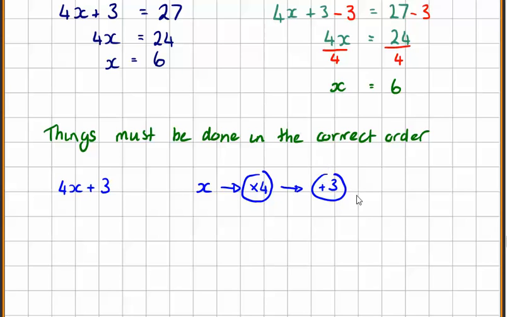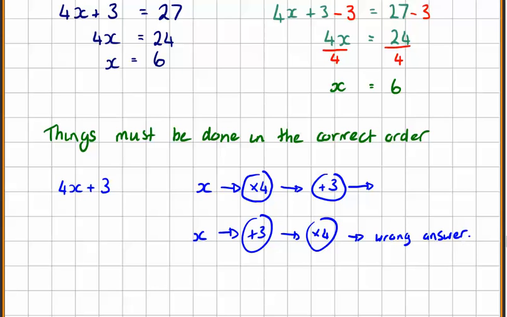What Jamie said is very true. With this, you do the times 4 first, don't you? And then you do the plus 3. Because if you do x plus 3 first and then times by 4, you would get the wrong answer.